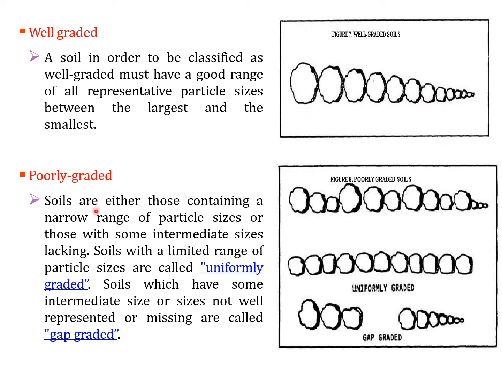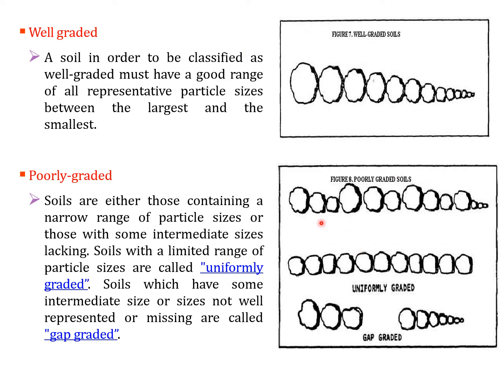Poorly graded soils are either those containing a narrow range of particle size or those with some intermediate size lacking. Soils with a limited range of particle size are called uniformly graded. Soils with some intermediate size not well represented or missing are called gap graded.